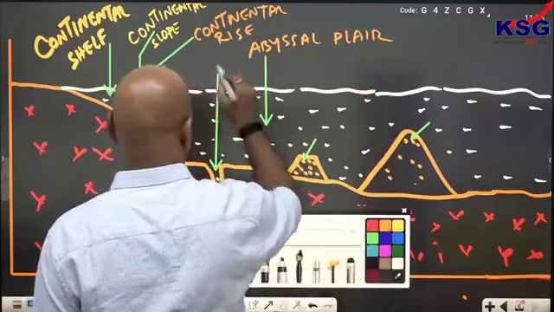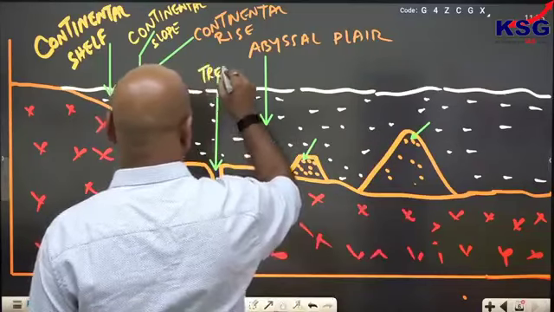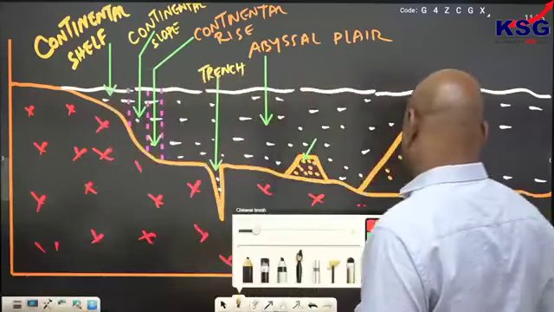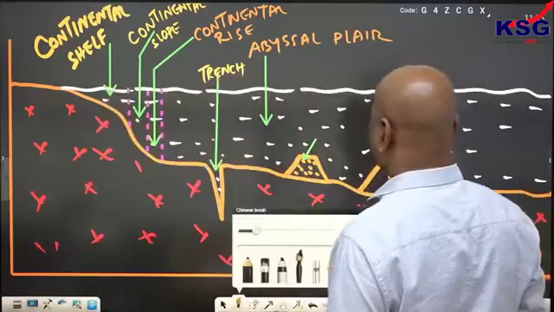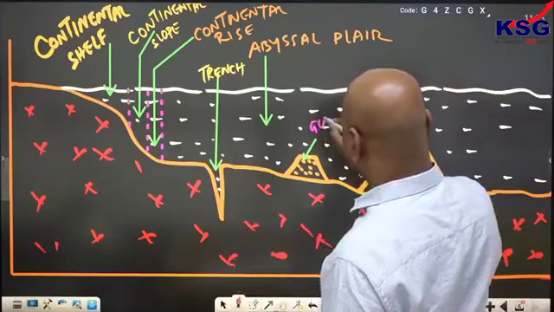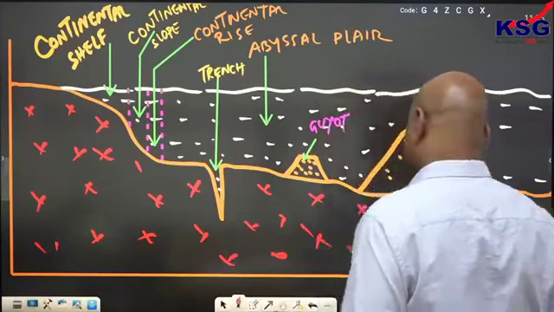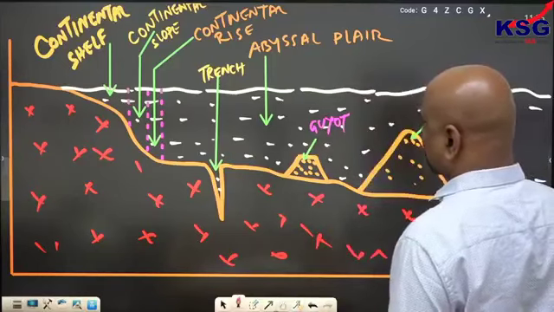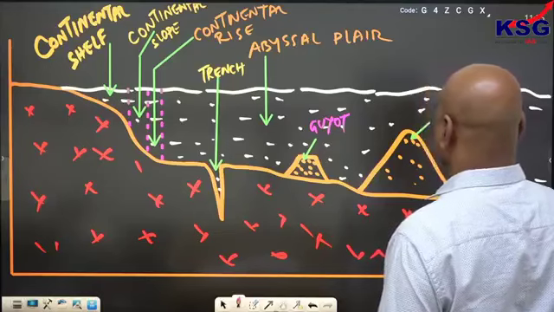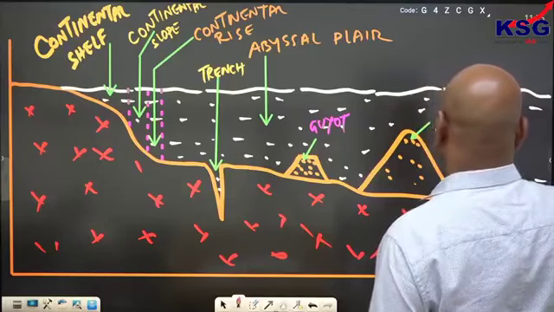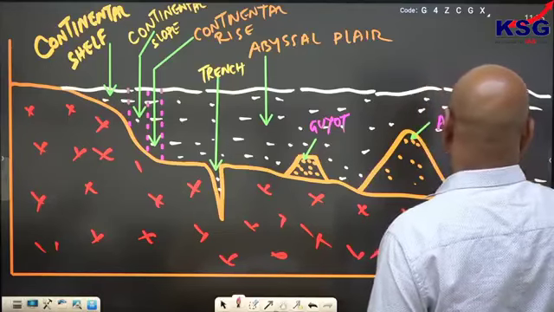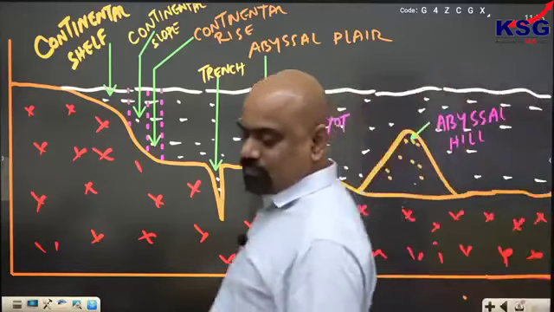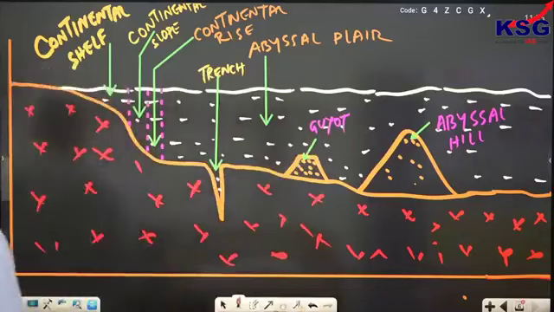Here is trench. Here you have the guyots. Abyssal hill. Okay.